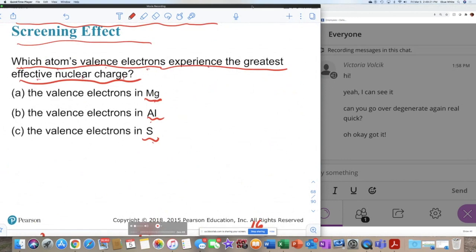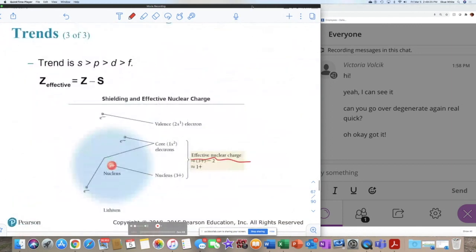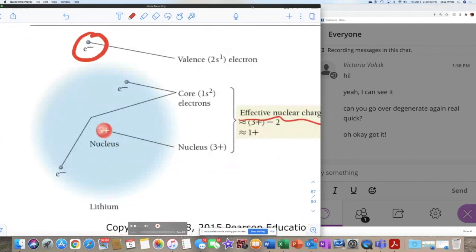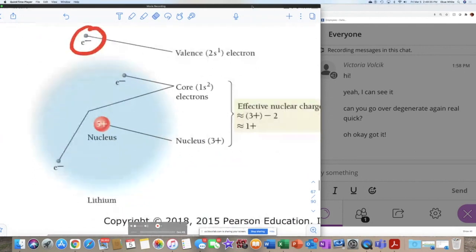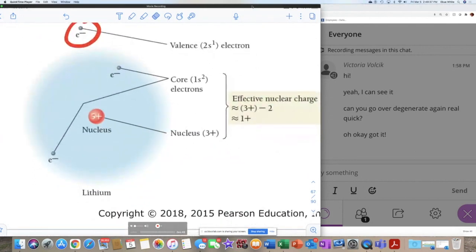Now remember I told you how we figure out a nuclear charge, right? The nuclear charge is the charge that the outermost electron experiences after the inner electrons have kind of blocked some of the effect. Let me go over that again in this picture. In this picture right here, they show you how to figure out effective nuclear charge. You have the nucleus here. That is what? Positive 3.